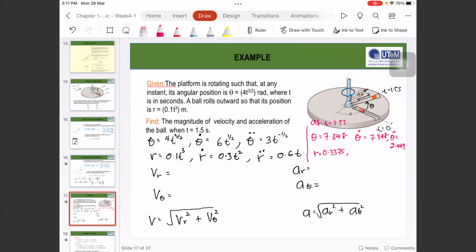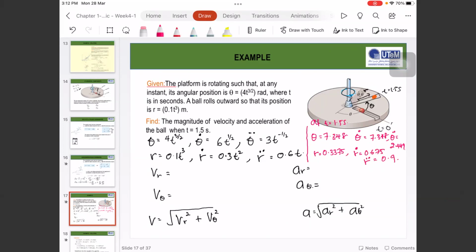R dot is equal to 0.675. Okay, R double dot, 6 darab 0.1 darab 1.5, 0.9. Okay, masukkan dalam equations.